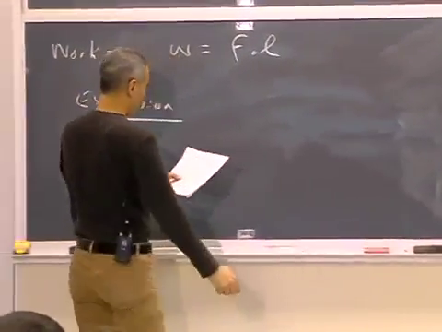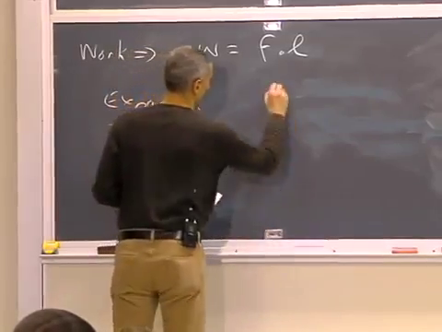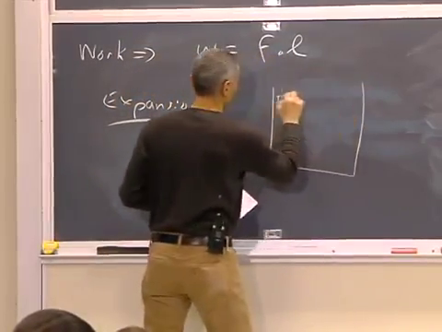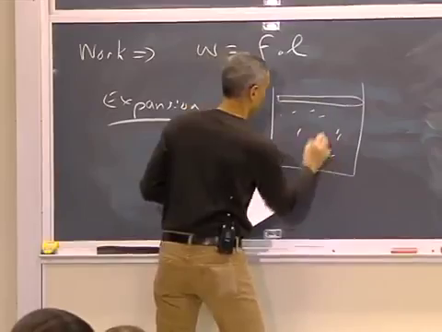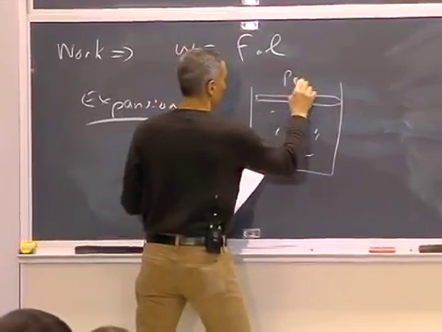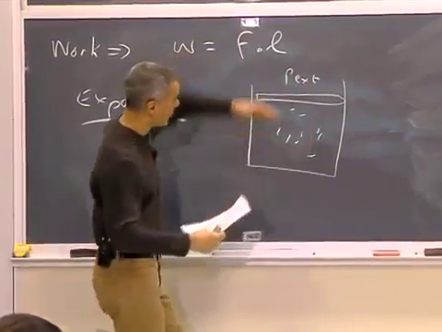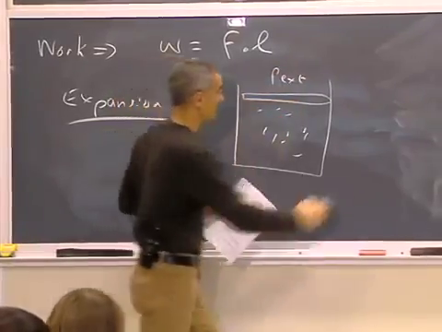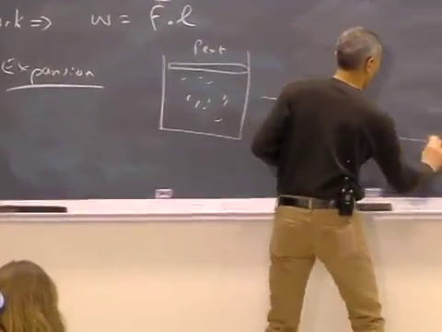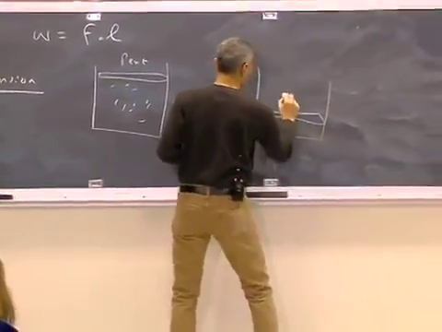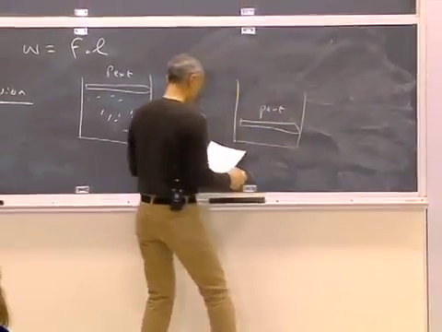OK, so expansion work, or compression work, is if you have a piston with a gas in it. All right, you put a pressure on this piston here, and you compress the gas down. This is compression work. Now the volume gets smaller. P external here.